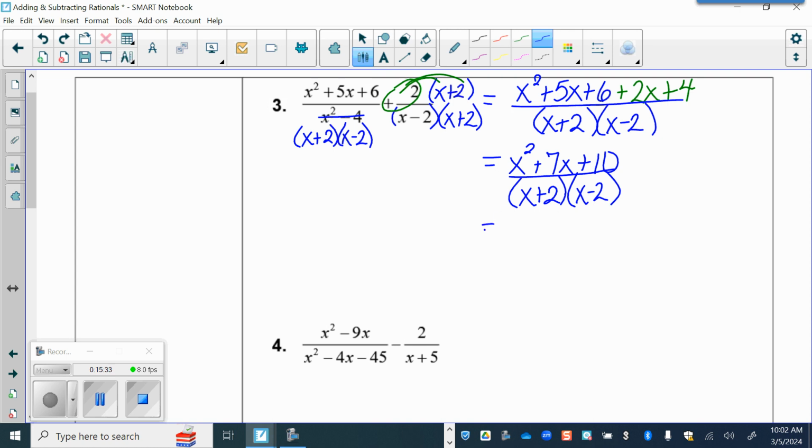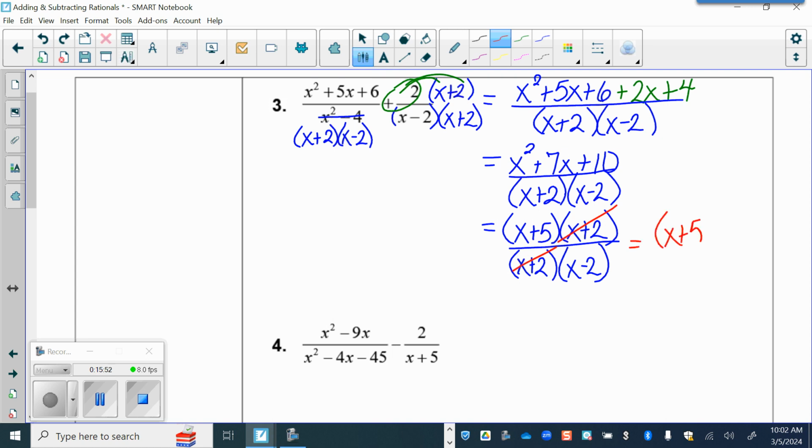I think so. x plus 5, x plus 2, divided by x plus 2, x minus 2. I can eliminate the x plus 2's, and my final answer, x plus 5 over x minus 2. So much fun.